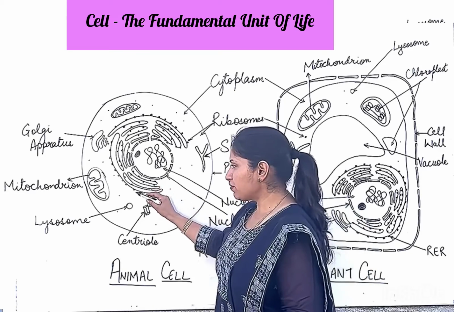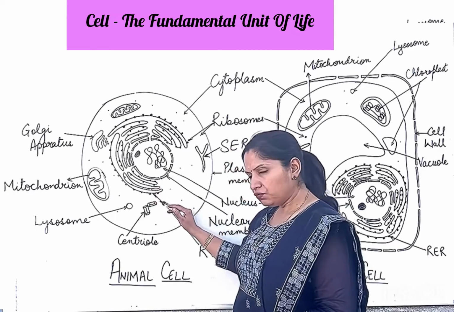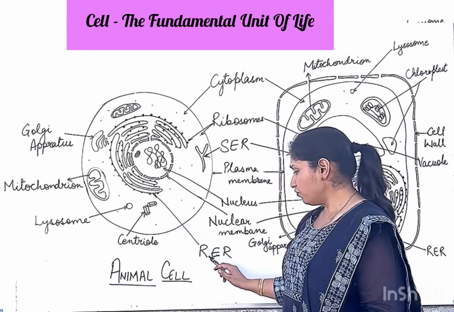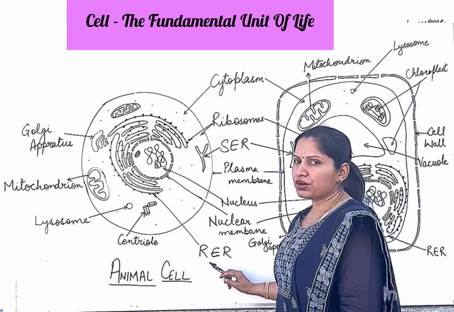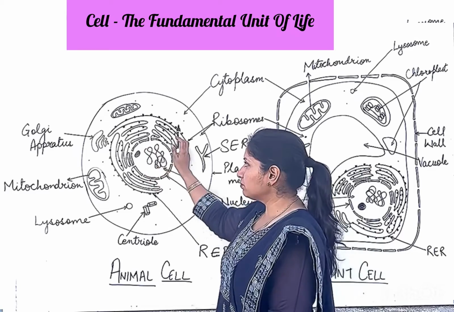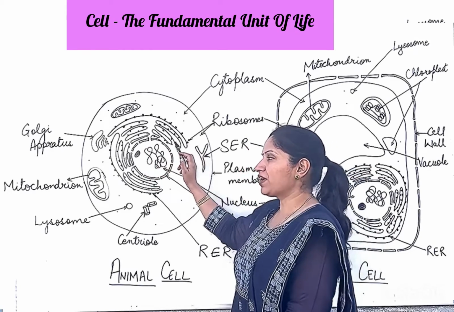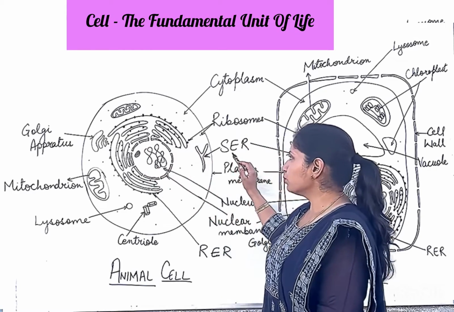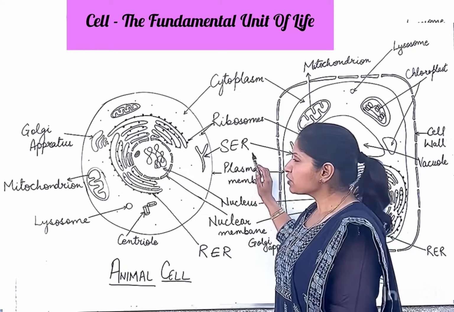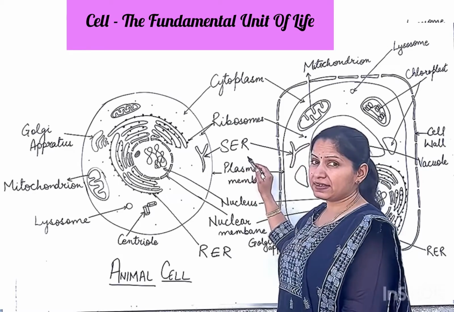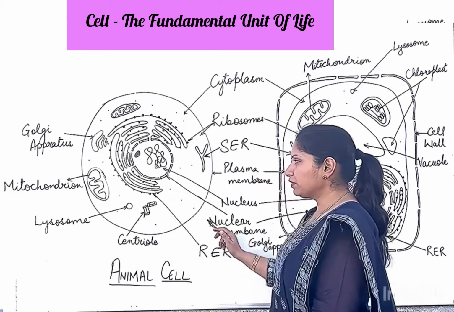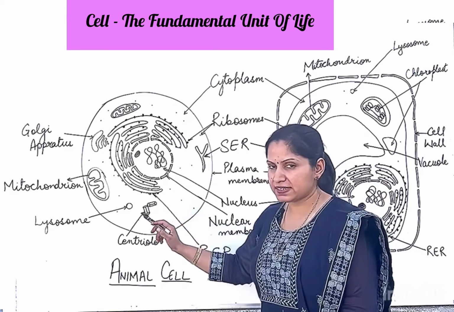If the endoplasmic reticulum has ribosomes over it, then it is known as rough endoplasmic reticulum, or in short RER. Sometimes the endoplasmic reticulum may not have any ribosomes over it, and then it is known as smooth endoplasmic reticulum. We have seen that smooth endoplasmic reticulum helps in the synthesis of lipids, and rough endoplasmic reticulum helps in the synthesis of proteins.